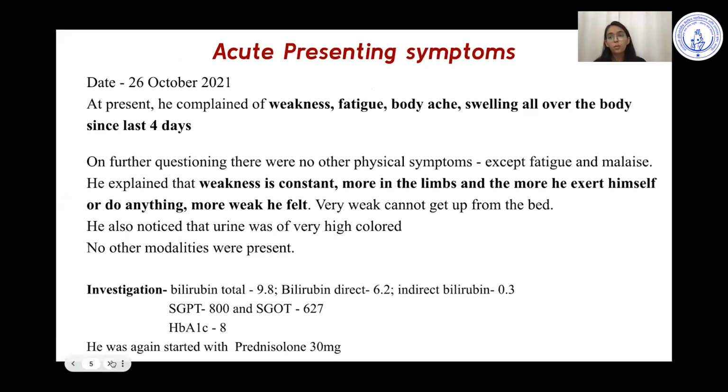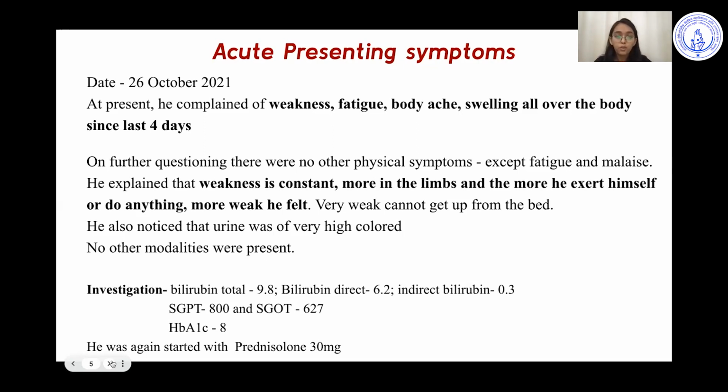On 26th October 2021, in a video consultation, he told us that he has a lot of weakness and fatigue all over the body. There were body aches, and there was swelling all over his body. Being a doctor himself, he said there are no other physical symptoms, but the weakness is constant in his limbs and he was not able to do anything.